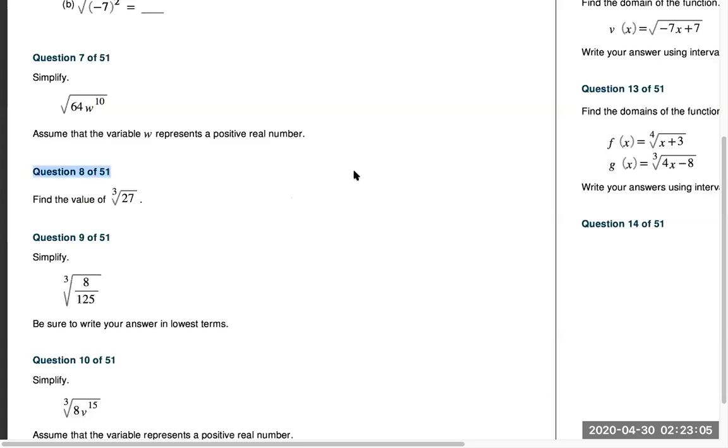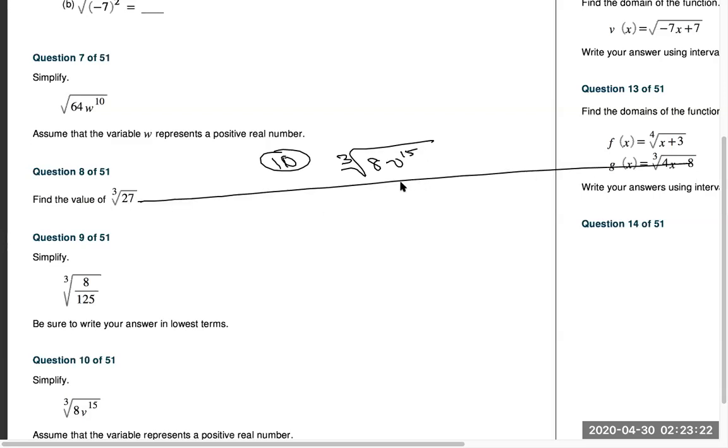So for number 10, you see it down here. You have a cube root of 8v to the 15th. We'll do this problem two ways. One is going to be the radical way. The other one's going to be the exponent way.